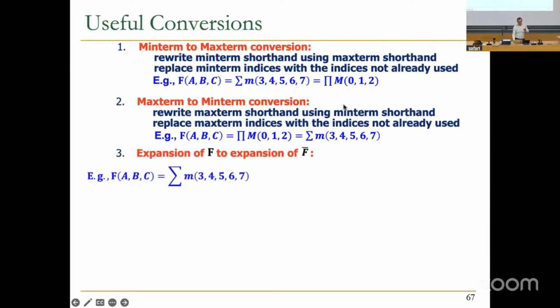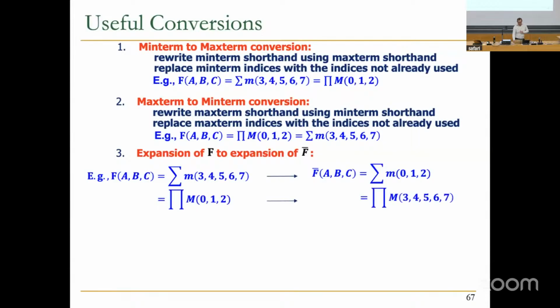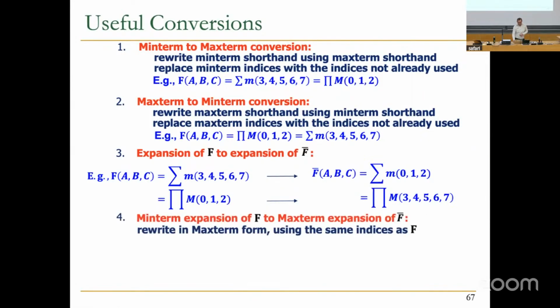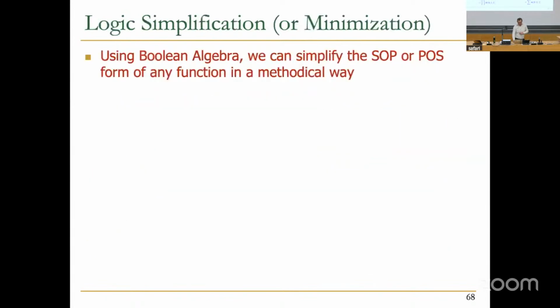You can convert F to F prime by changing things like this. For example, this is function F prime, which is actually minterms, the opposite minterms, the minterms that you didn't use. And F prime is, again, max terms that you didn't use. Hopefully this is clear, right? Based on the truth table, based on the logical structure, you can figure this out. Again, I'm not going to go through this because it's kind of boring.